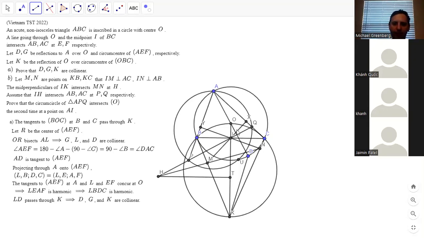So yeah, AK is a symmedian, and we want to show AU is a median. This is kind of tricky. So maybe I should draw AK back in. And I wonder if these concur.